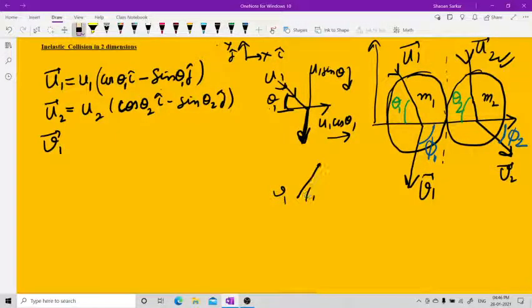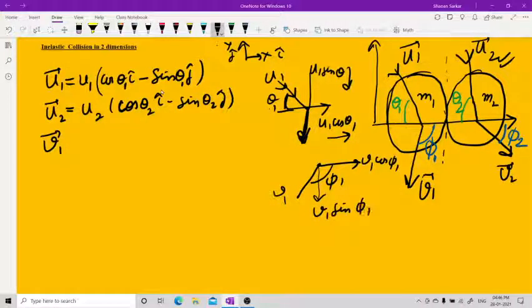This is the x-axis. This is your phi 1. So v1 cos phi 1 will be in this direction, and v1 sin phi 1 will be somewhere in this direction. I hope now these directions are clear for this picture. Similarly for this.